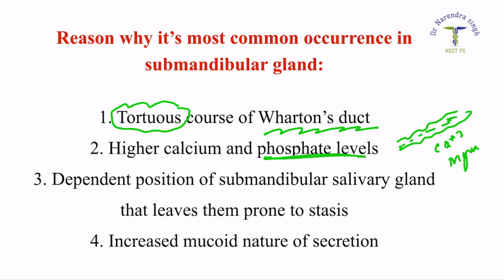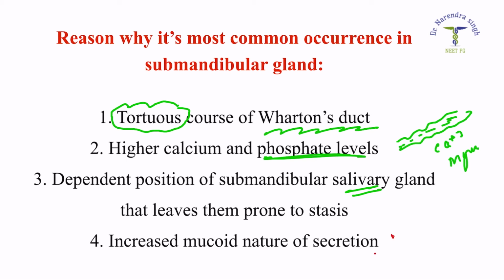Third is the dependent position of the submandibular salivary gland that leaves it prone to stasis. We know that the secretion of the submandibular salivary gland is anti-gravity, so the secretion usually stagnates in the duct. And fourth is the increased mucoid nature of the secretion.